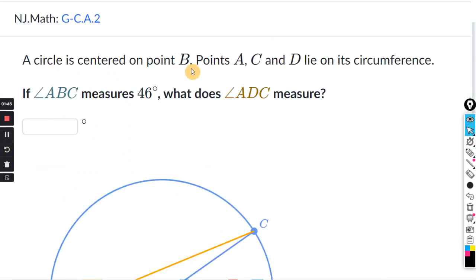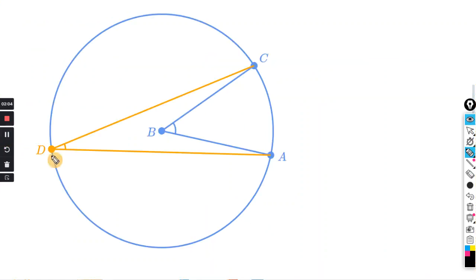A circle is centered on point B, A, C and D lie on the circumference. Angle ABC is 46 degrees. What does ADC measure? All right, let's label ABC as 46, and angle ADC, I'm going to label that X. They want us to solve for ADC.